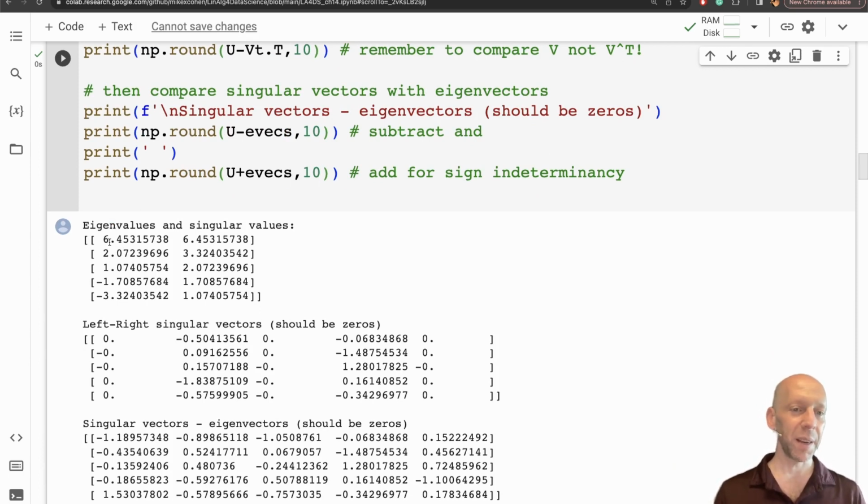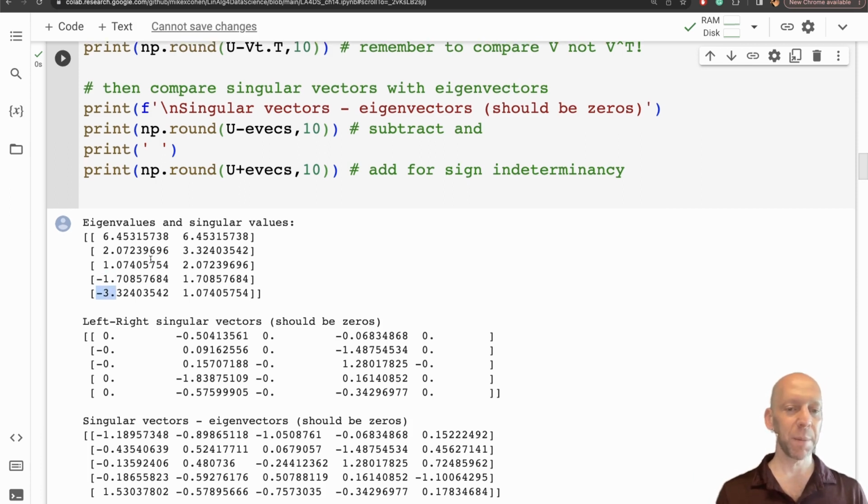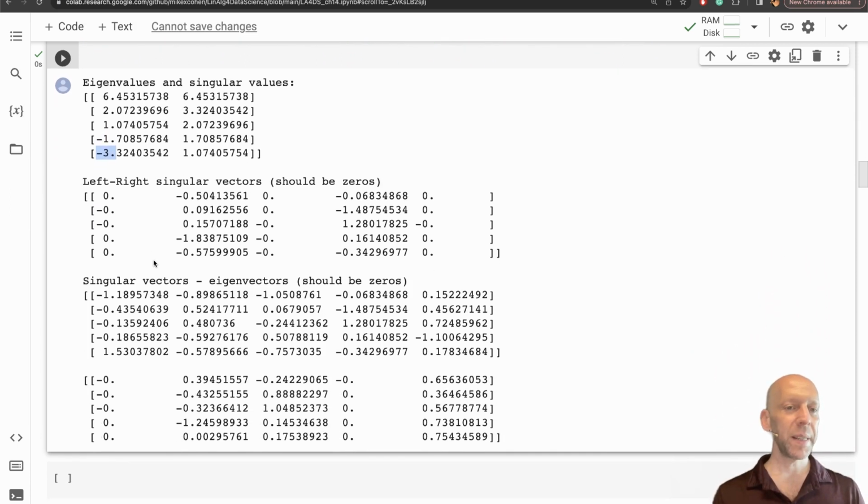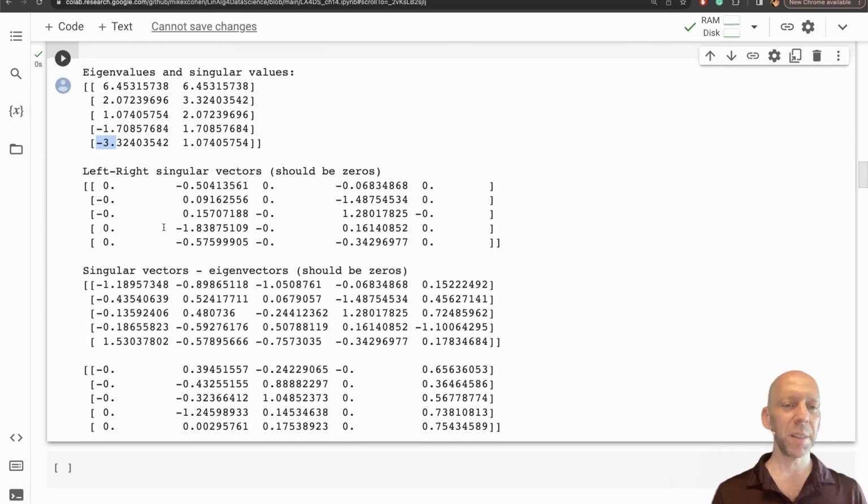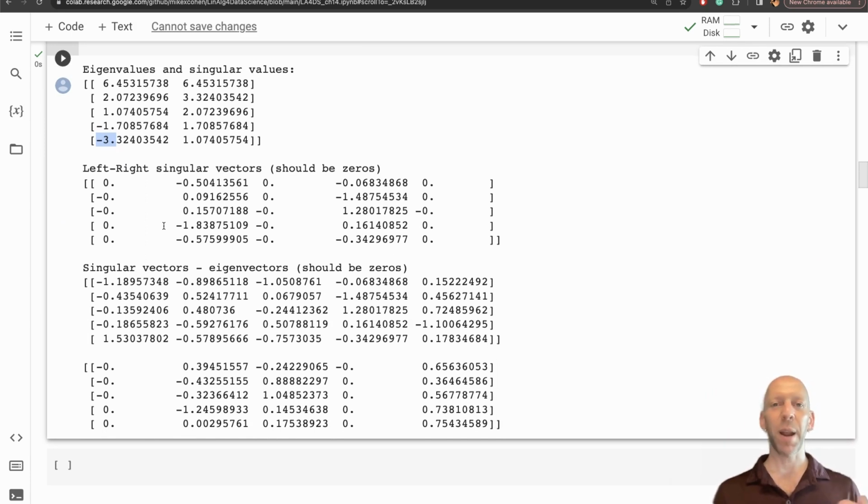And that you see here. The eigenvalues can be negative for this matrix. Okay, and then we see that, in fact, all of these relationships that exist for A transpose A basically break down, because A transpose times A is quite different from A transpose plus A. So the singular vectors are not guaranteed to be the same, and those are not guaranteed to be the same as the eigenvectors.